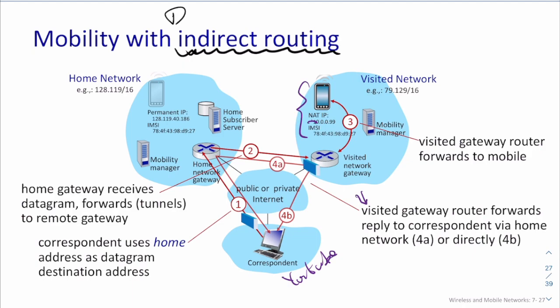But your acknowledgement, which is step number 4, can be indirect for 4A or direct for 4B. Make sure you understand that. Your content from the correspondent is definitely indirect, but your acknowledgement can be indirect as in 4A or direct as in 4B.